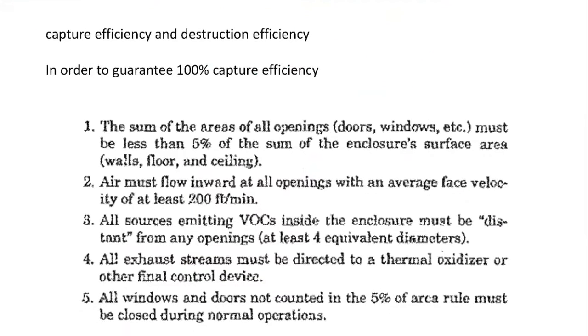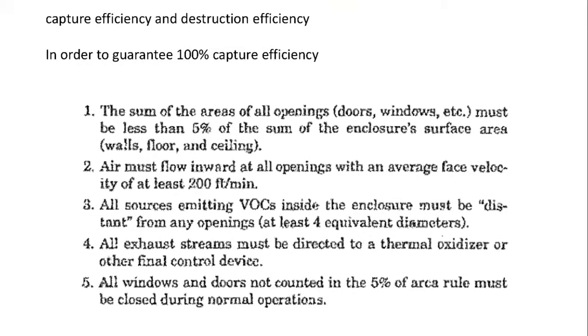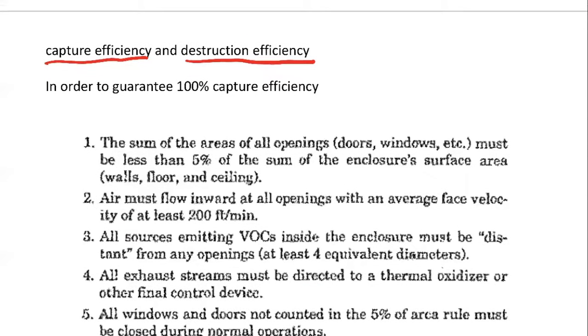Okay. So we talked about the reaction rates or the reaction kinetics, but in terms of the real application of these VOC combustion, there are some requirements. There's a term called the capture efficiency and the destruction efficiency. Destruction efficiency means how much of the hydrocarbon is getting destroyed or combusted. The capture efficiency means how efficiently these hydrocarbons are getting collected.